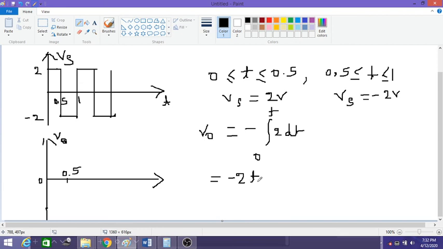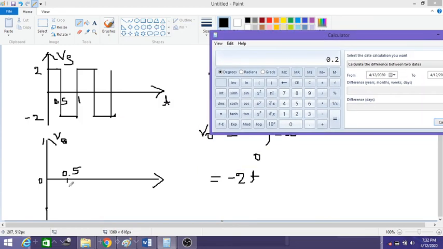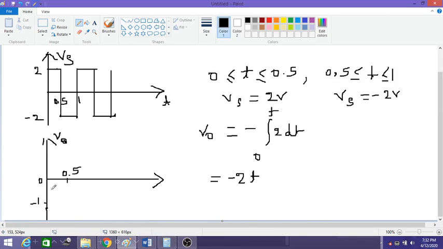Let us substitute t equal to 0; we'll have 0. When t is equal to 0.1, 2 into 0.1, I'll get 0.2. Likewise, if I keep on substituting, and if I substitute t equal to 0.5, then I'll get 1, and since it is minus, I'll get a negative peak of minus 1. So I'll get a peak like this.